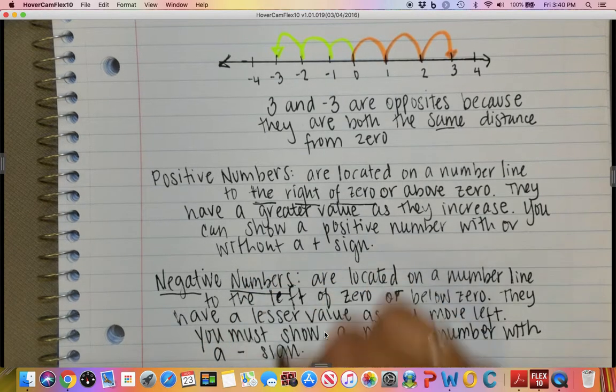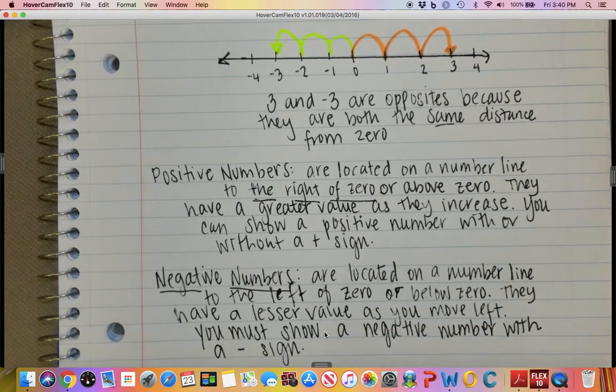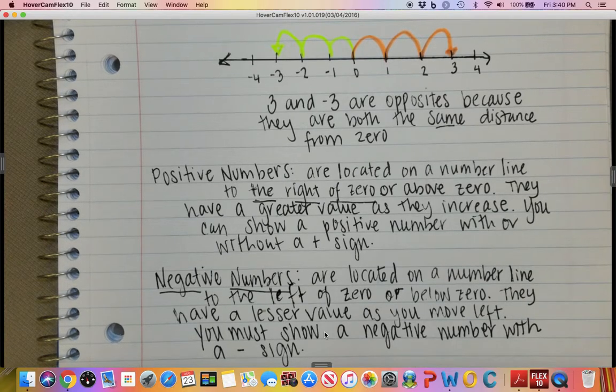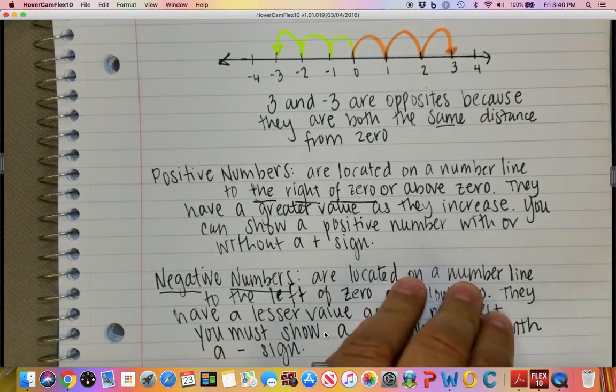It's also a minus sign, which is something, again, we'll talk about probably in February or March, how those signs eventually attach themselves to numbers. So again, negative numbers are to the left or below 0. I'll show you below in just a second. They have a lesser value the more left that you go. I'm out of room, so I'm going to turn my page.